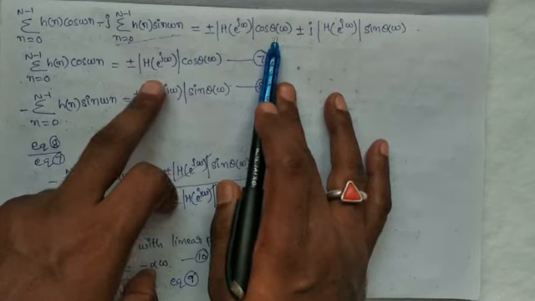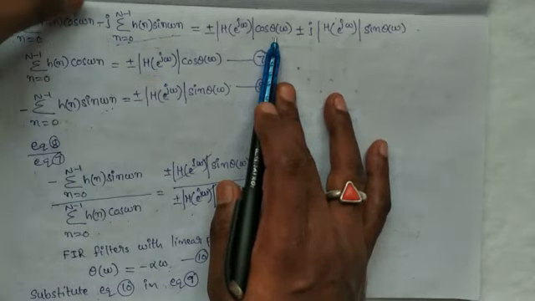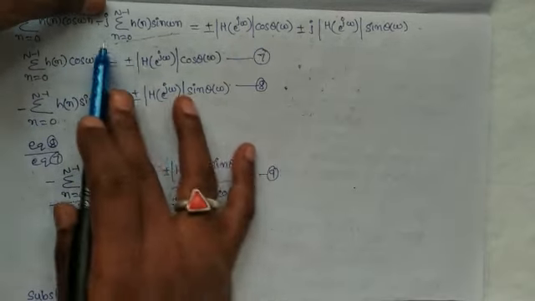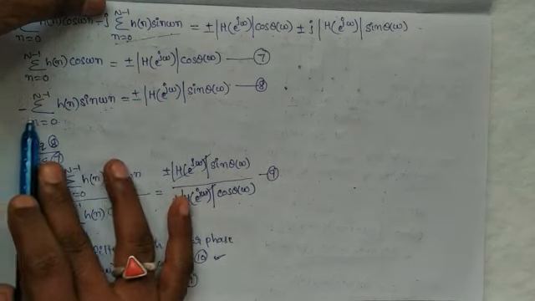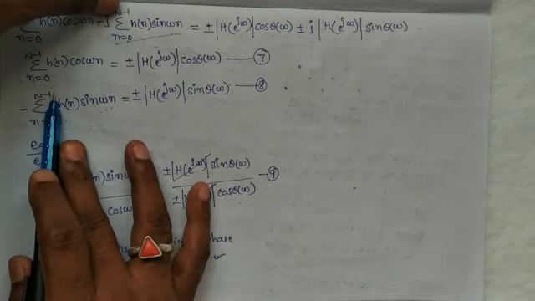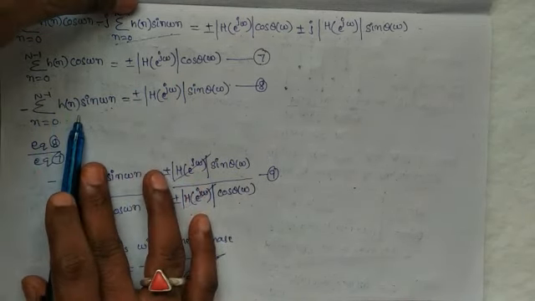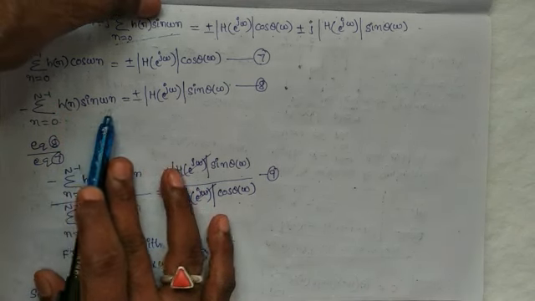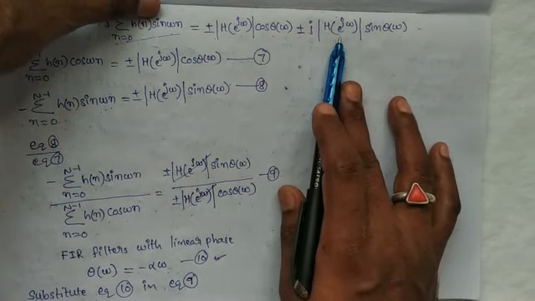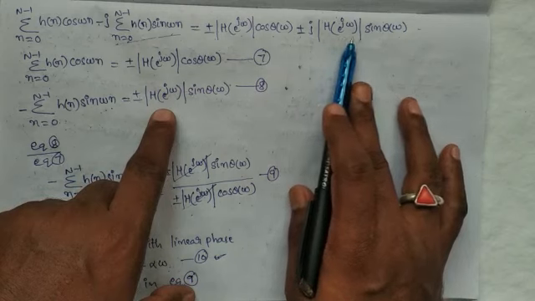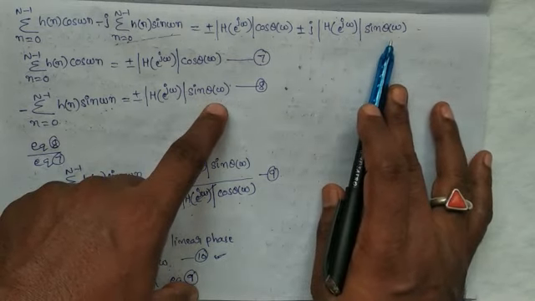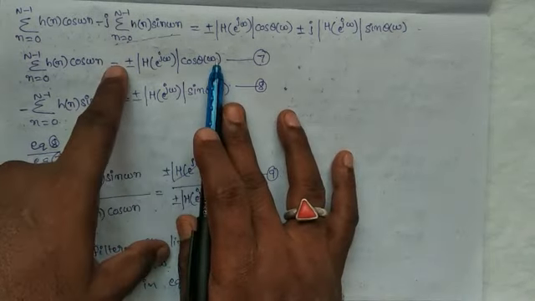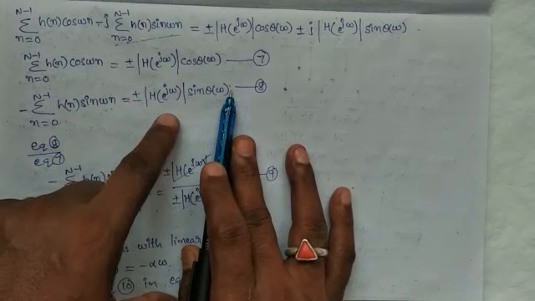Similarly we are comparing the imaginary parts. Minus summation n is equal to 0 to capital N minus 1 h of n into sin omega n is equal to plus or minus mod h of e power j omega into sin theta of omega. This is equation 7, this is equation 8.